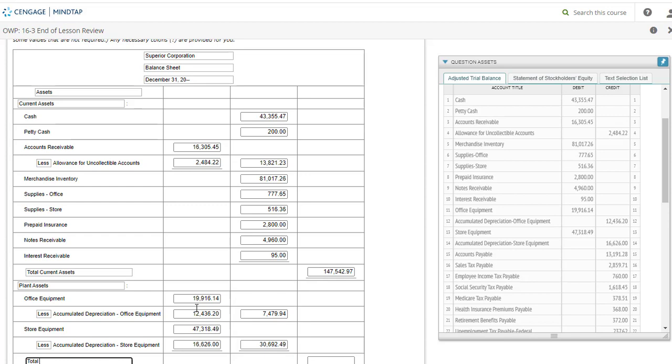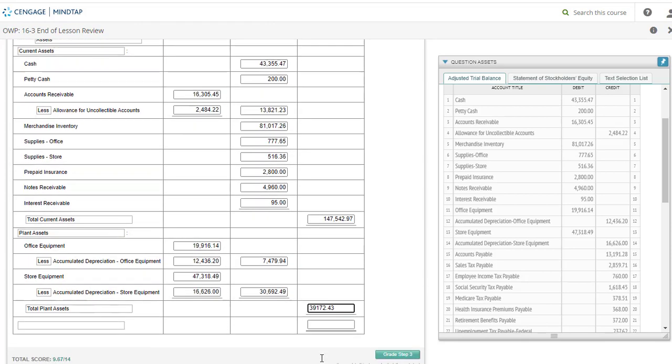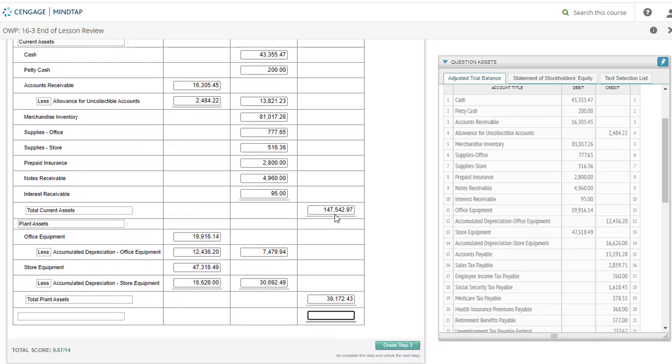And then we're going to look at the total plant assets. And that is when we take and total up these two numbers, and that gives us 38,172 and 43 cents. And now we're going to total our total current assets and our total plant assets, and that gives us 185,715 and 40 cents.